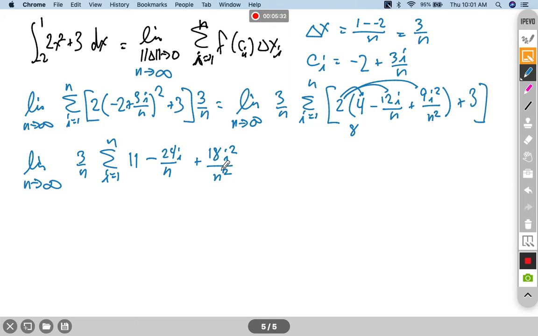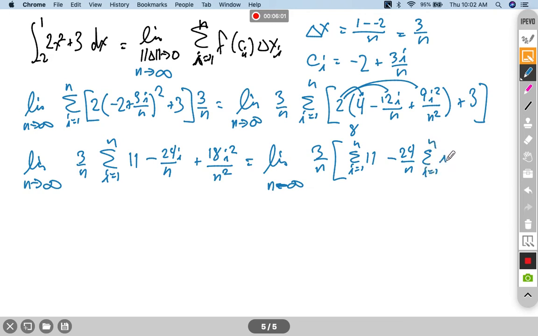So the limit as n approaches infinity of 3 over n, and let's break these up. We have the sum from i equals 1 to n of 11, plus 24 over n times the sum from i equals 1 to n of i, plus 18 over n squared times the sum from i equals 1 to n of i squared.